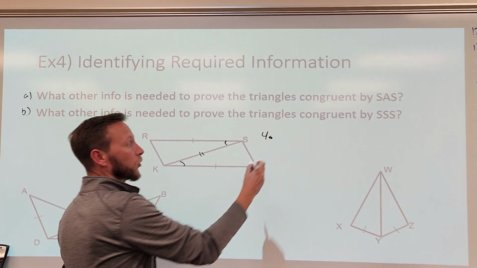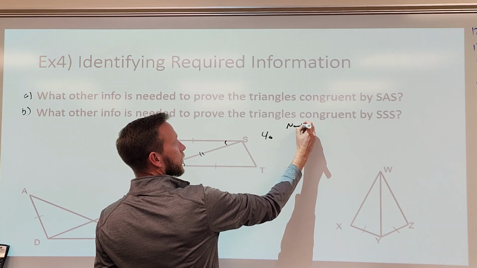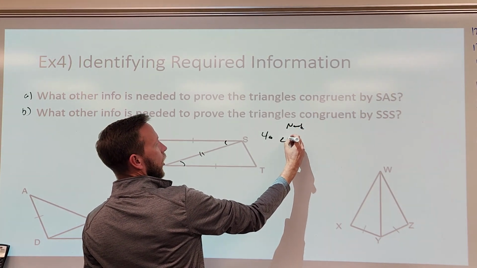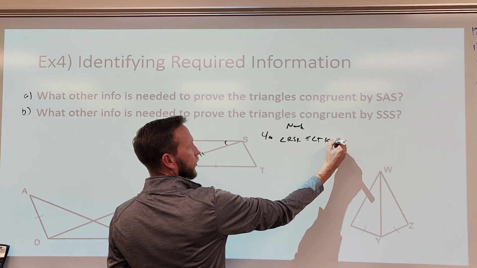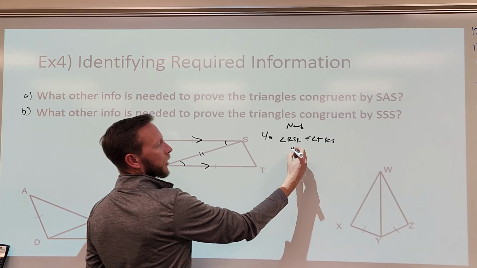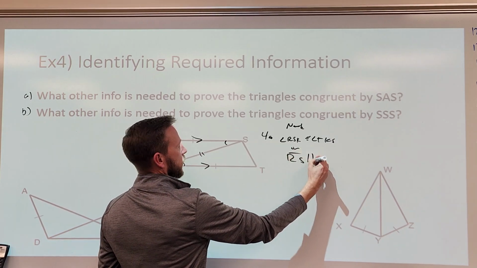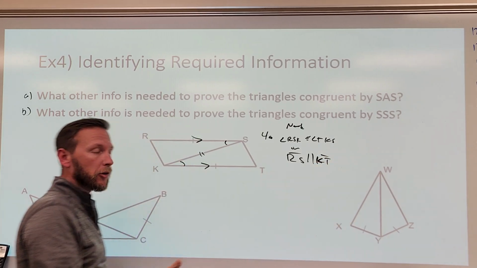Now I can say that a couple different ways. We would need to know that angle RSK is congruent to angle TKS. Or if they told us that these lines were parallel, RS parallel to KT, then we could use the alternate interior angles theorem.